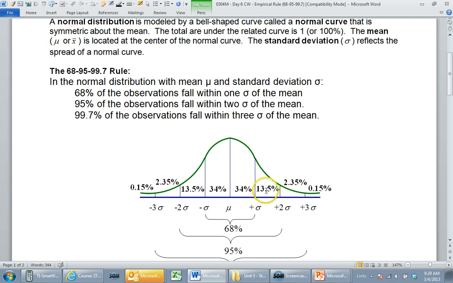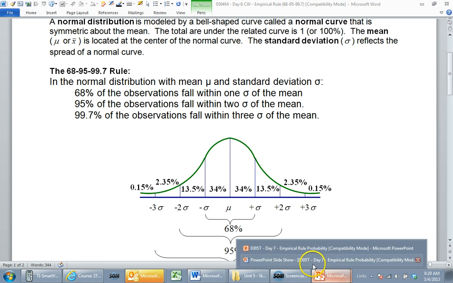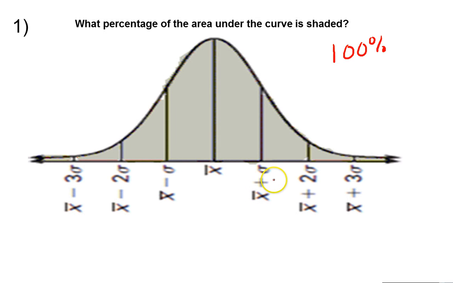Anyway, remember how I put plus one standard deviation, two standard deviations, three standard deviations, and the same thing on the left side. Please understand that this is the same thing, but instead of just putting plus one standard deviation, they're mentioning it from the mean.